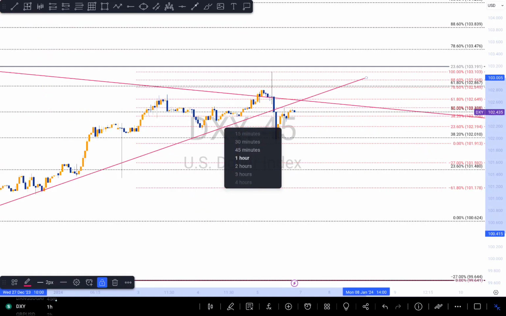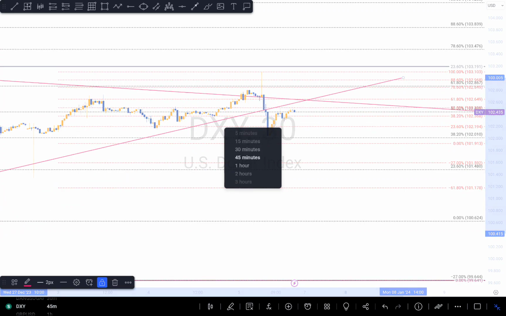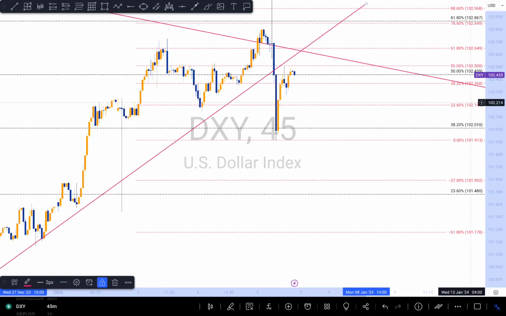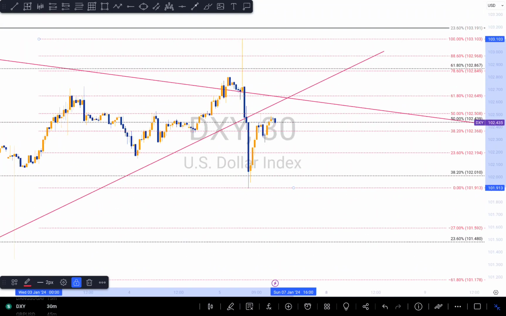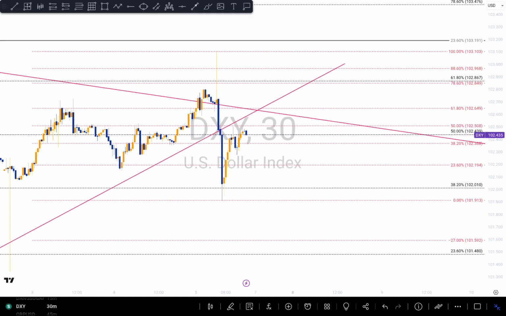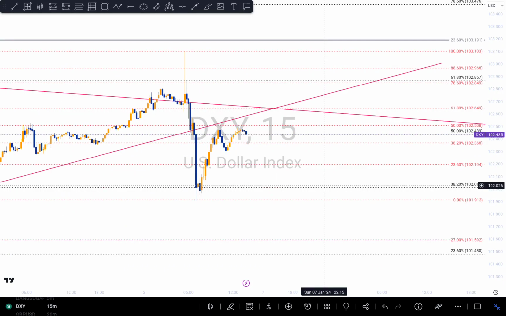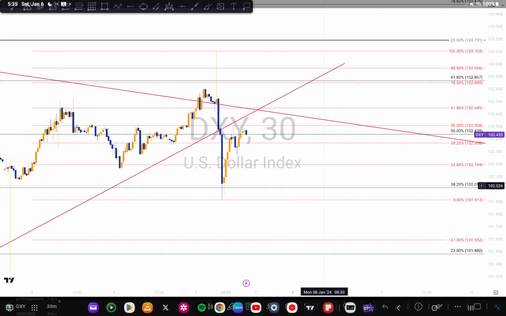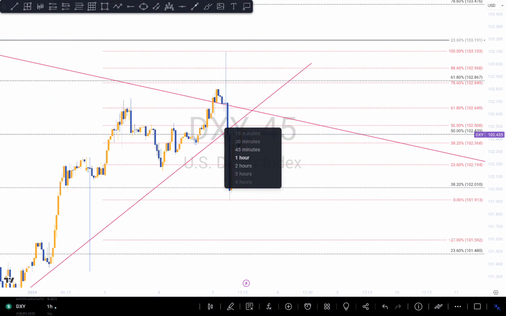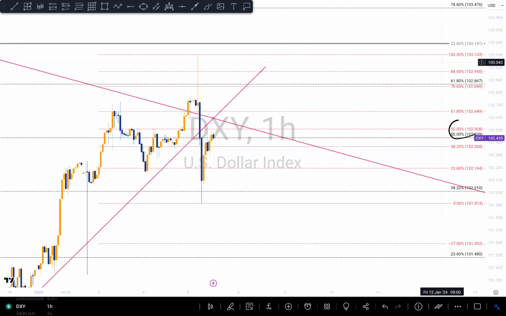So let's go to the 1 hour time frame. My 45 minutes, is there anything? Let's see my 30 minutes as well. There is nothing right now. So let's just see how it reacts around these two areas right here.